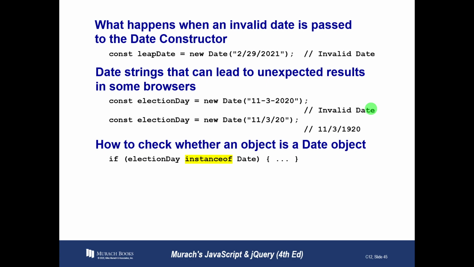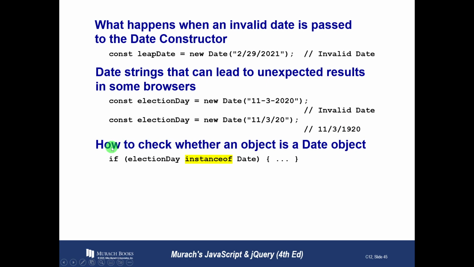If they're typing in dates and we're taking those dates, we need to do some serious input validation to make sure that the users type the dates in the correct format before we try to store them and do anything with them. Here's another example, new Date 11/3/20. Since we didn't specify a 4-digit year, it could end up in some browsers being 11/3/1920. Not what we expected.